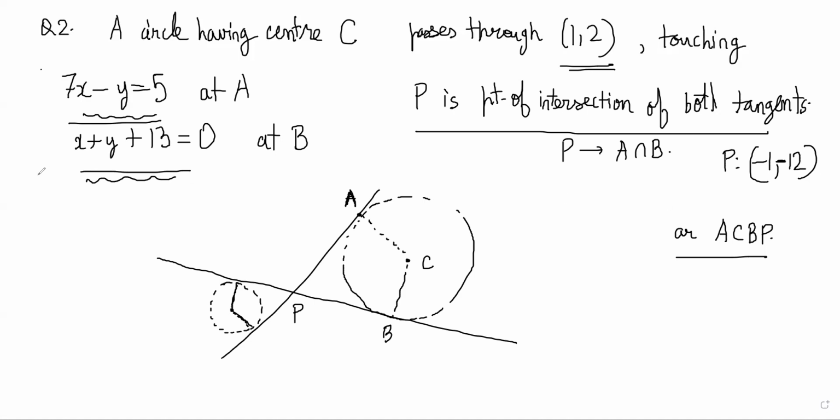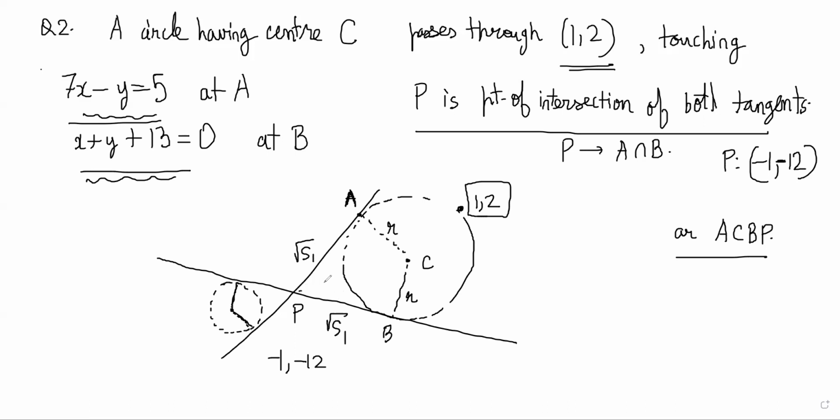If this is minus 1 comma minus 12, and A and B are unknown, the circle radius is unknown, but the circle passes through 1 comma 2. The possible area of ACBP: this is R, this is R, this is root S1 and root S1.